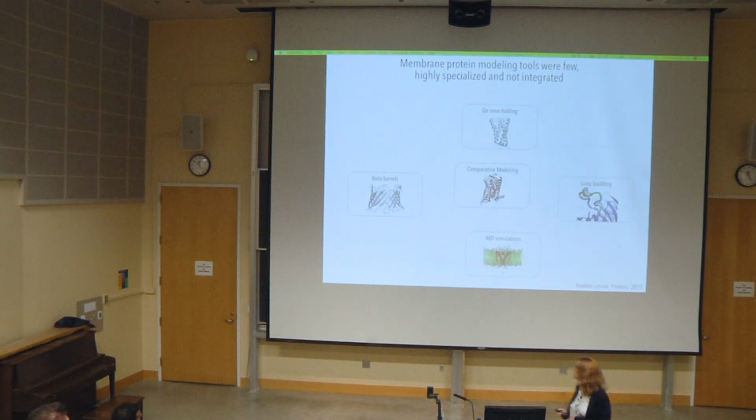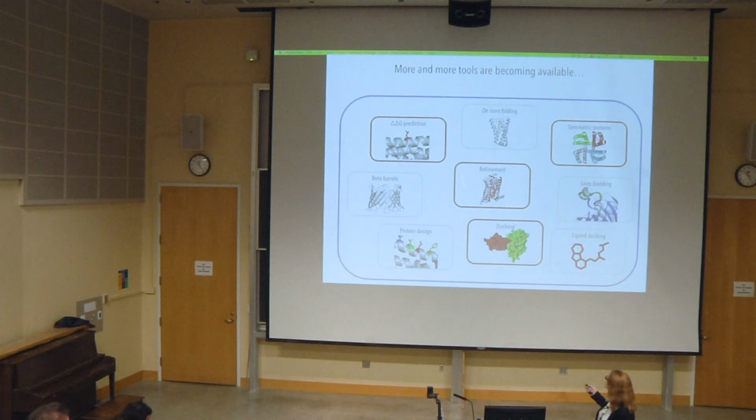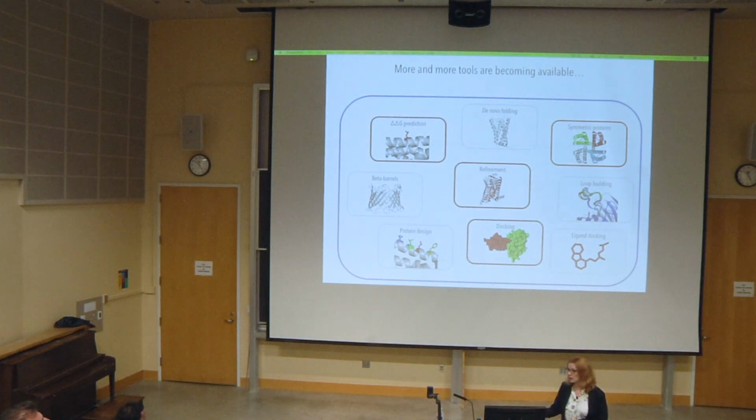While a few years ago we had few methods available for membrane protein modeling, using Rosetta and implementing such a general framework has already had a huge impact on the number of protocols available, because we've worked on high-resolution refinement, protein-protein docking, symmetric proteins, and predicting delta-delta Gs of mutation.